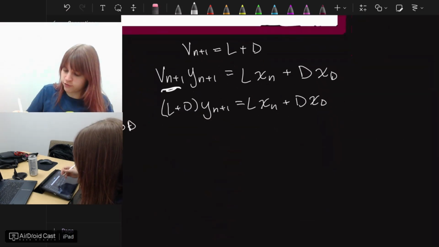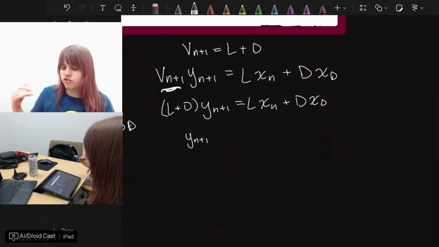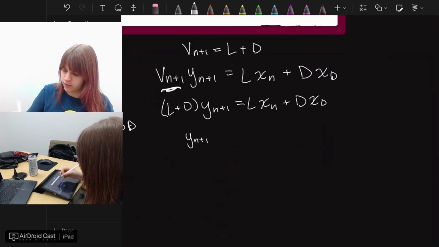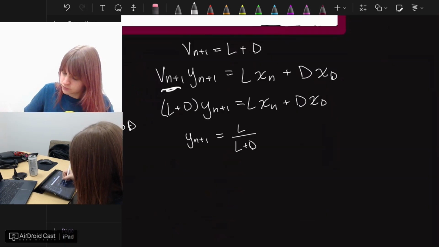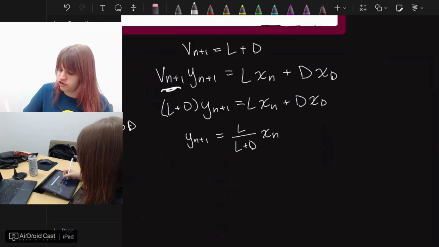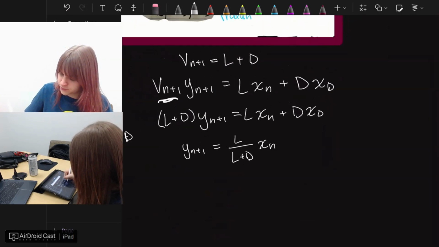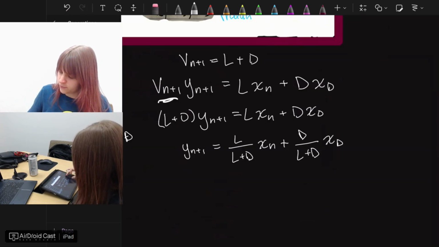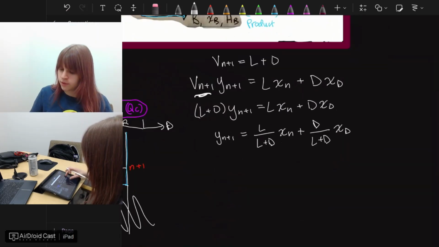And now we solve for Yn+1, so we're solving for the stage below's vapor composition, essentially. That would be L over L plus D, liquid plus distillate, times the liquid composition of the stage above, plus D divided by L plus D, times the liquid composition of the distillate.